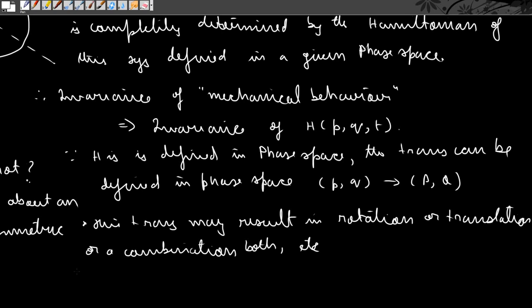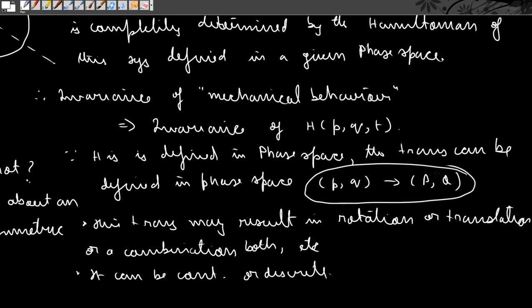Okay, and it can be continuous or discrete. Now it all depends on what this transformation does, whether it rotates the system or translates the system or does both, or whether it is continuous or discrete, and so on.